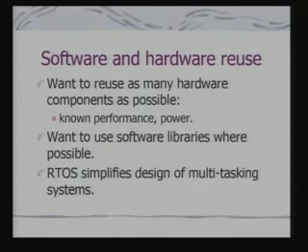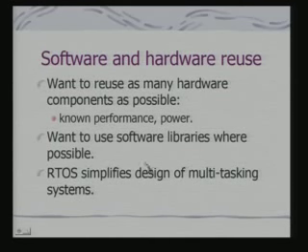We would like to reuse as many hardware components as possible because that gives us the advantage of knowing their performance statistics, like power consumption as well as the time taken to do a particular computation on the hardware block.